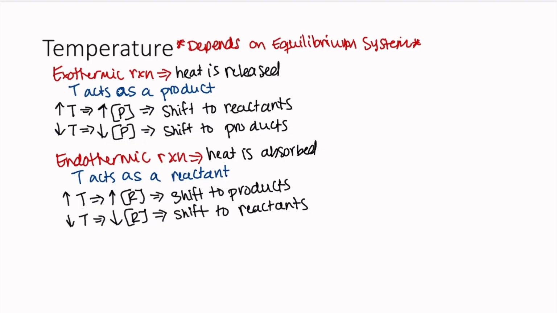So in this case, when you're looking at temperature, it really is going to depend on whether the reaction is an exothermic reaction or an endothermic reaction. Now, the final stress we're going to look at is a catalyst. And remember, a catalyst speeds up the reaction by decreasing the activation energy.